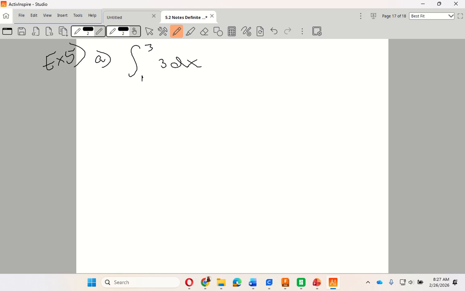What is the antiderivative of 3? 3x. So I'm going to integrate that, and that's going to be 3x. Now, the way we write this, with my bounds, it's from 1 to 3.